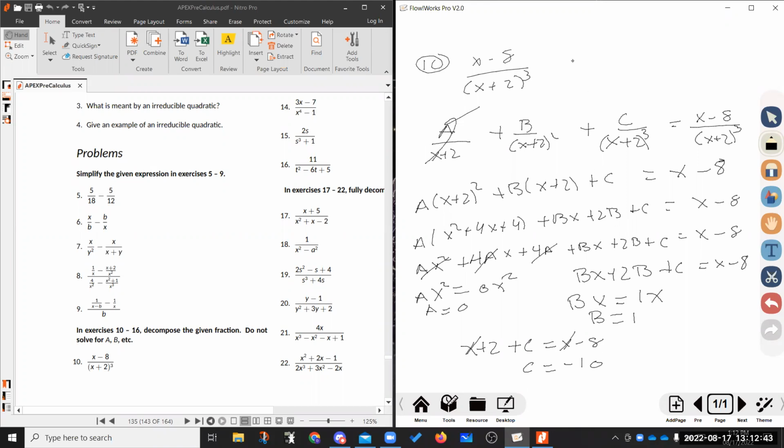So those are my coefficients or my numerators here, that I should have 1 over (x plus 2) squared minus 10 over (x plus 2) to the third is going to break down and give me x minus 8 over (x plus 2) to the third.